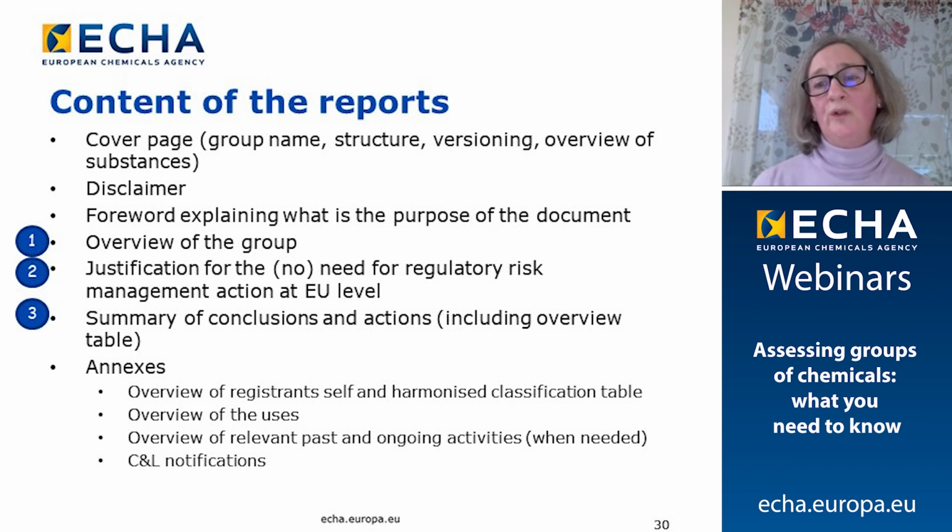And then we have more the core information about the group. An overview of the group, which I will explain a bit more later. The justification for the need or no need for regulatory risk management, and a summary of conclusion and action in the form of a table, and then a few annexes. But I will go now a bit more in detail using actually an example to make it more concrete.